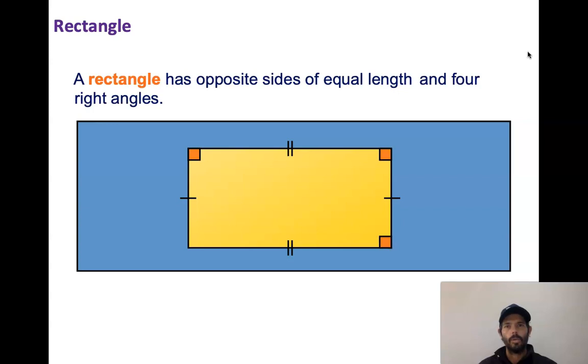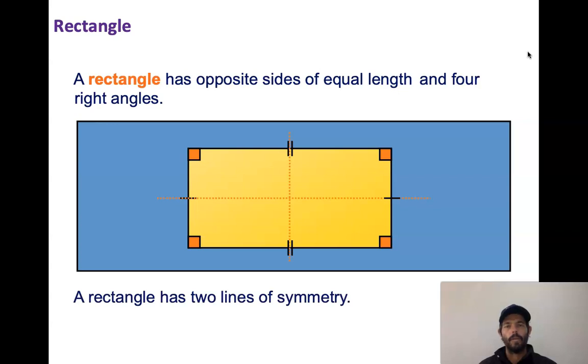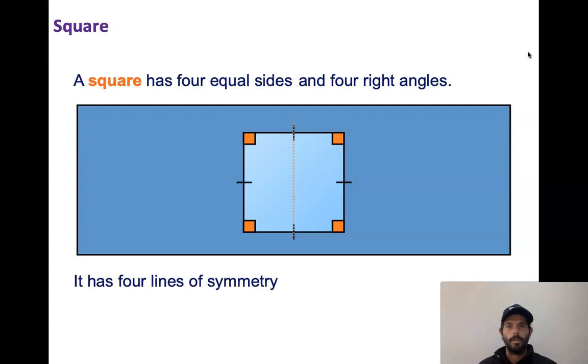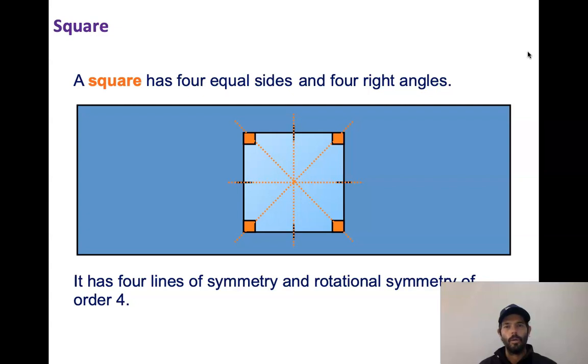Opposite sides are also parallel, and there are 4 right angles in the corners of the rectangle, and it has 2 lines of symmetry. A square: 4 equal sides, 4 right angles, opposite sides are parallel, and it has 4 lines of symmetry, vertical, horizontal, and then also diagonal, and it has a rotational symmetry order of 4.